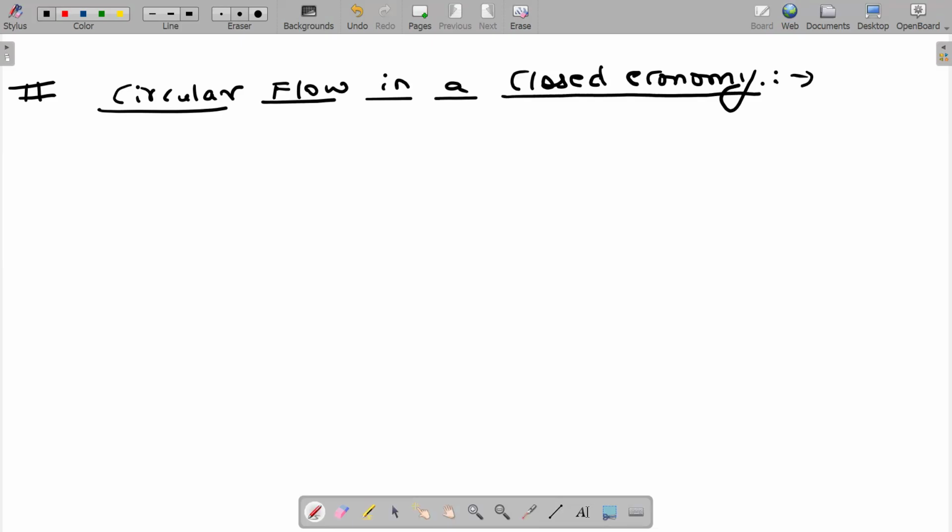Let me draw a simple diagram which shows the interaction between two sectors. We have the households and we have the firms.